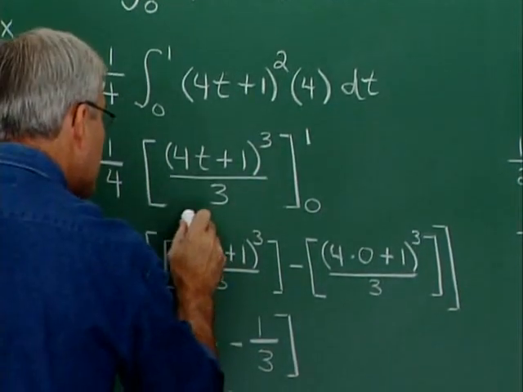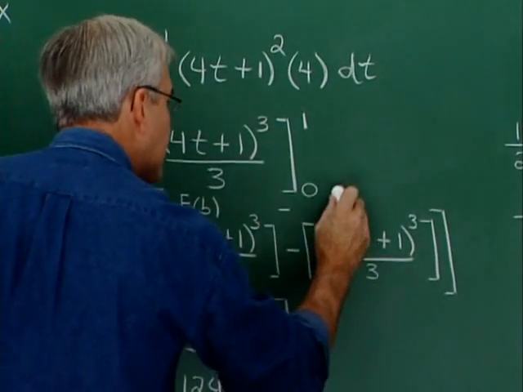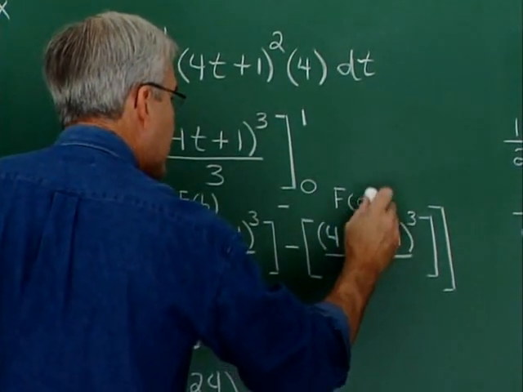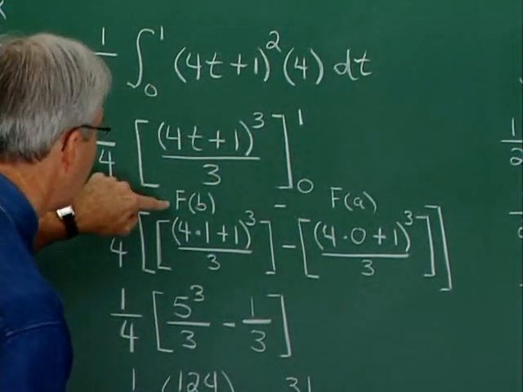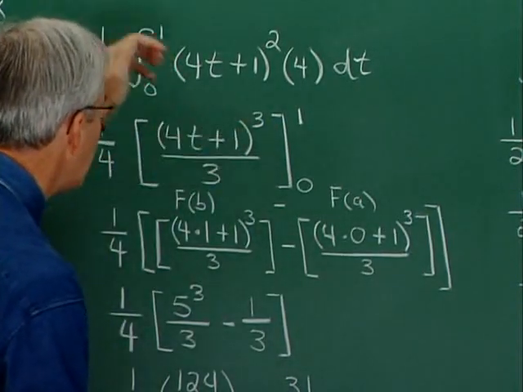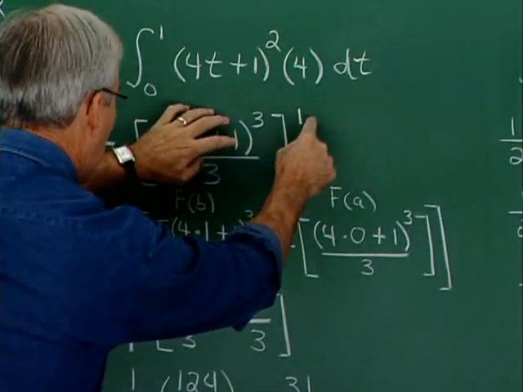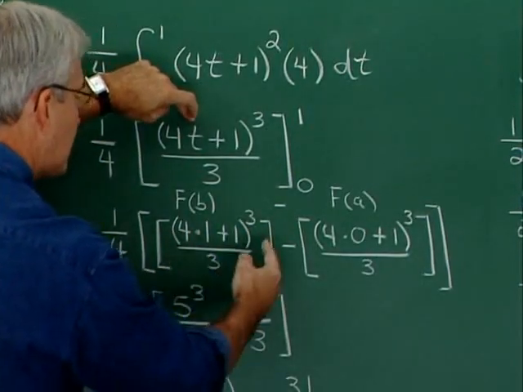Now this part is the F of b, and this is the F of a, just for emphasis here. So here's the F function that I'm talking about here, the uppercase F. And within this we are replacing the t with 1. You see, this t is replaced with 1, and everything else just comes down as we see it.